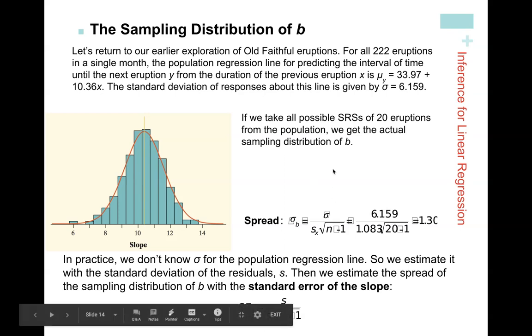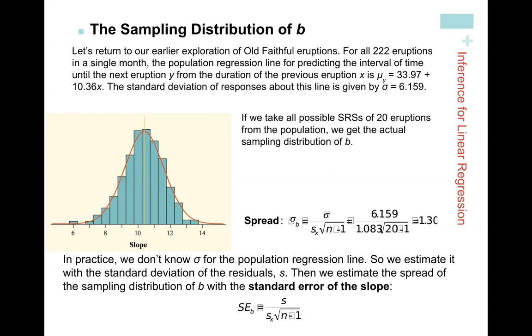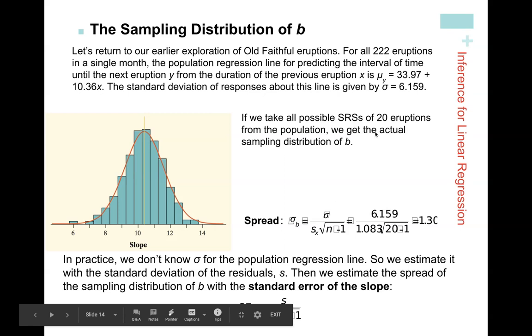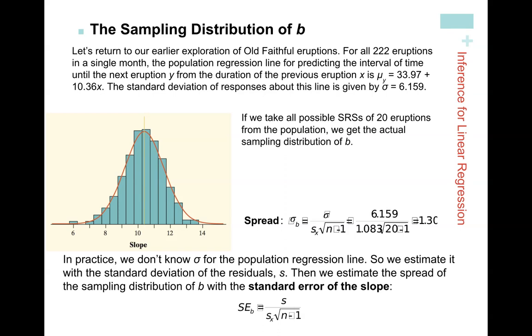And then it's over Sx times root n minus 1. Here's your equation for the standard error of the slope. That is what we're actually going to be using. Go ahead and write that in your notes, please.